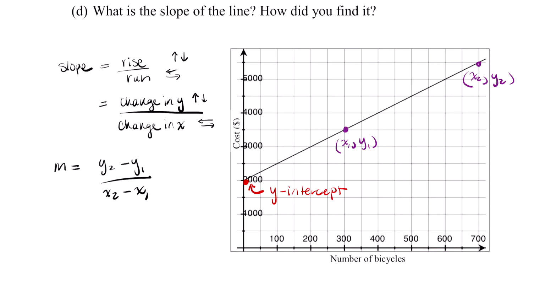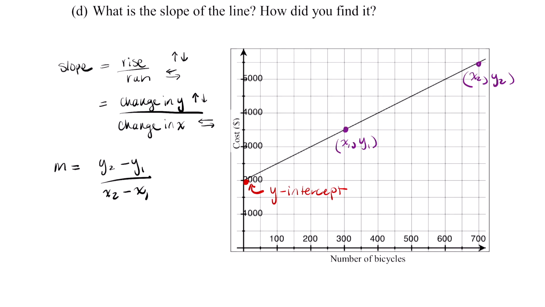And really quickly, I started this with larger minus smaller values for both. You can swap them. You can actually go ahead and write this out as y1 minus y2 over x1 minus x2, and you'll get the same answer. In this case, you should get negative values for the top and bottom, which will make a positive. But anyway, no matter which way you write it out, you will always get the slope.